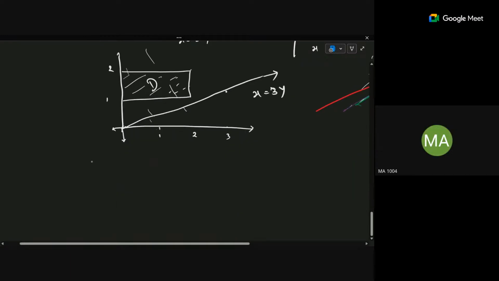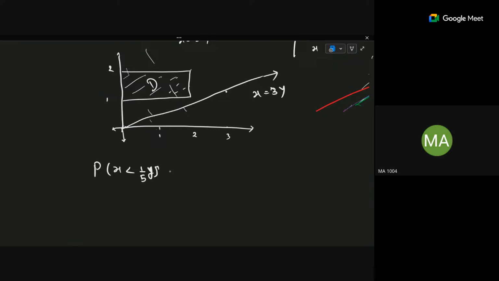Okay, let me change it again. Probability x less than 1 by 5y, or let's just make it easy, x less than y.